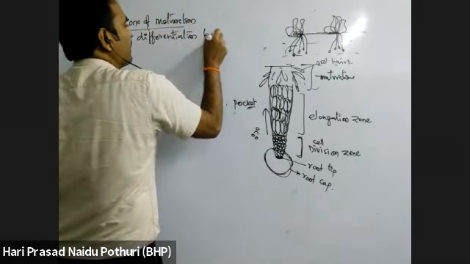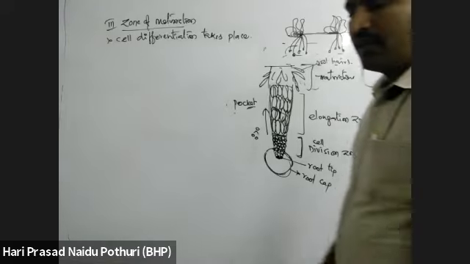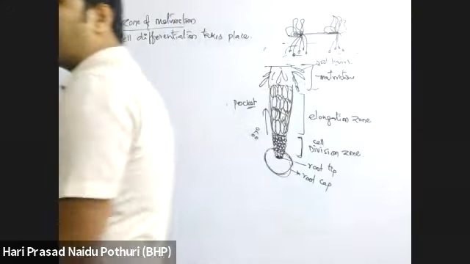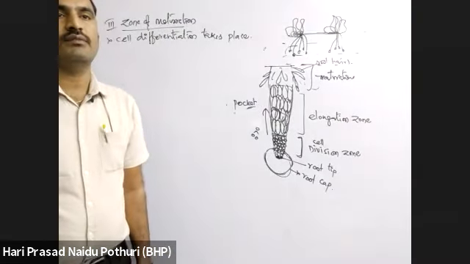What is cell differentiation? Differentiation is a process where dividing cells are converted into permanent cells. Dividing cells are called what? Meristematic cells. Those meristematic cells are converting into permanent cells.